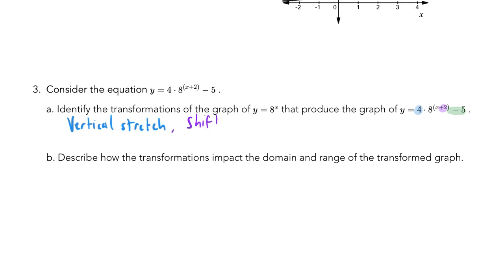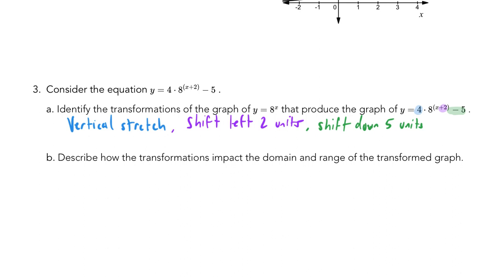Make sure you have a verb there, and then a direction and a distance. And then the minus 5, again our vertical shifts. We trust that guy. So that'll be shifting down. Verb, direction, distance. Okay. That is that. Talked about all 3 things.